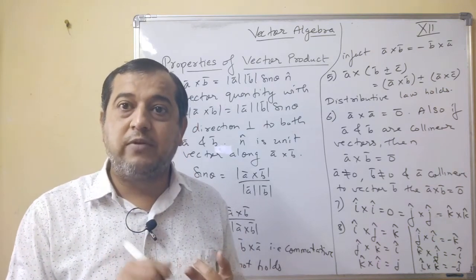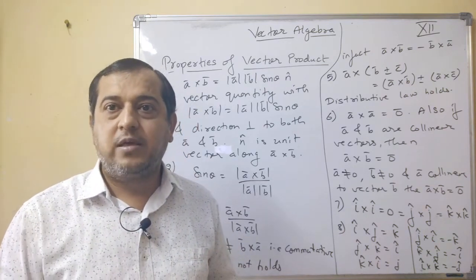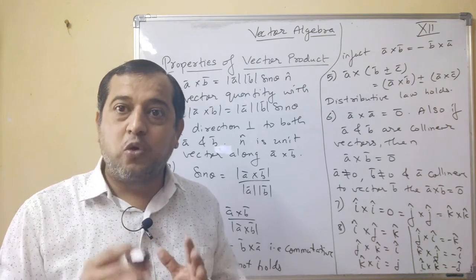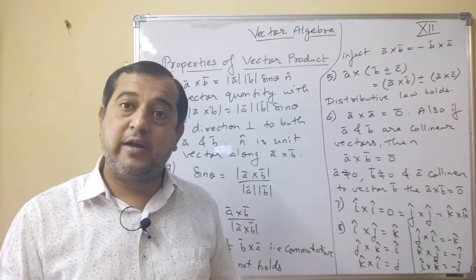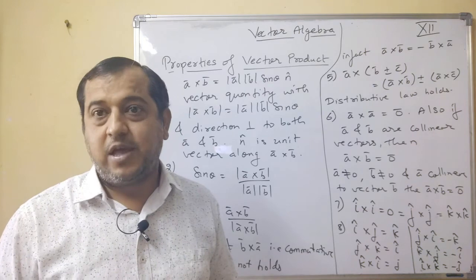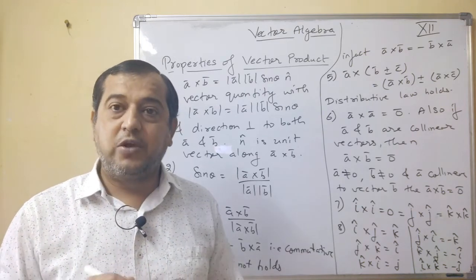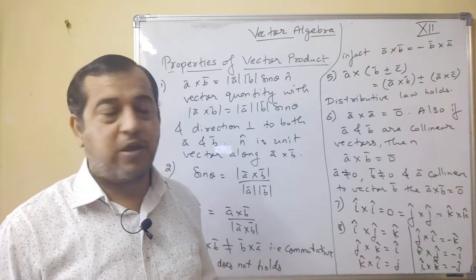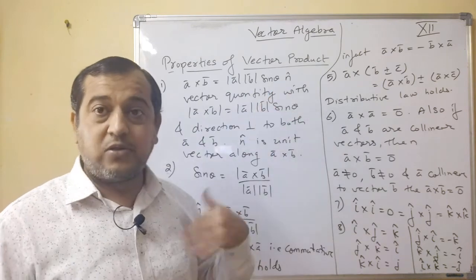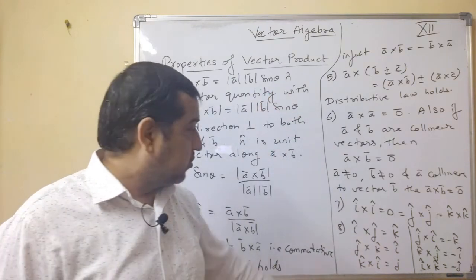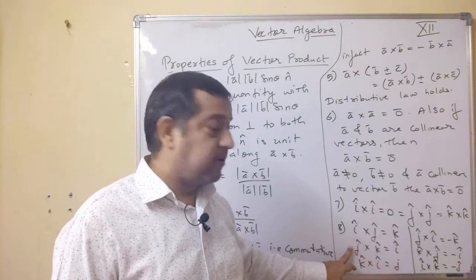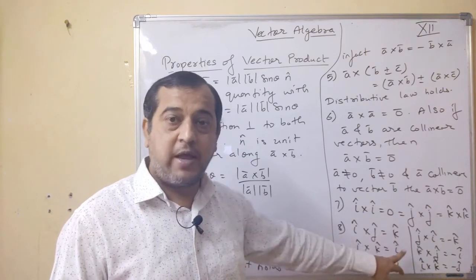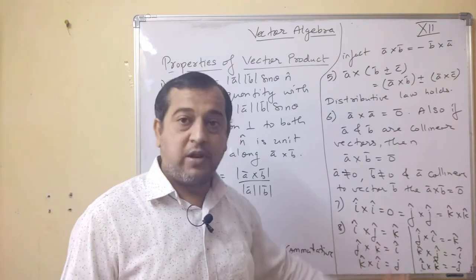So clearly this vector will be k cap. Why? X axis और y axis इन दोनों को perpendicular axis जो है, it is z axis, and along z axis the unit vector is k cap. Okay, so clearly this n cap, it turns out to be k cap. So I cross j gives you k. Similarly, j cross k will give you I, and k cross I will give you j.